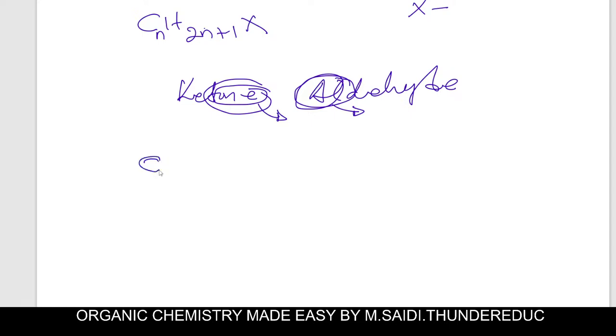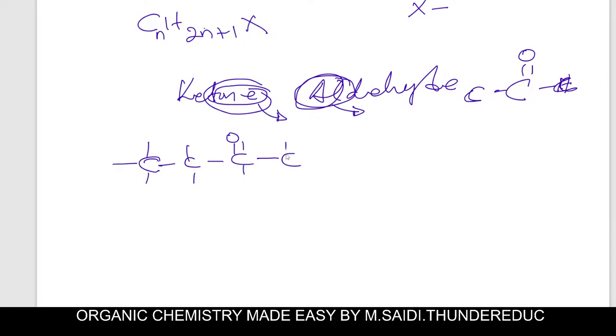For example, 1, 2, 3, 4. CH, that is the functional group. So if I add a hydrogen here, it means that it is an aldehyde. When I add another carbon on this side, it is a ketone. Now if I put it here, you don't forget to put four bonds.